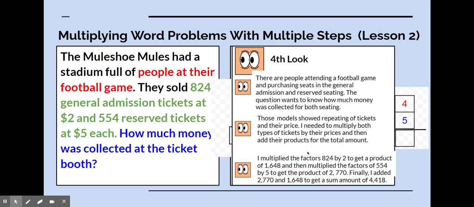Finally, I added 2,770 and 1,648 to get a sum amount of 4,418. That is the summary of the steps we took to solve this multiple step word problem.